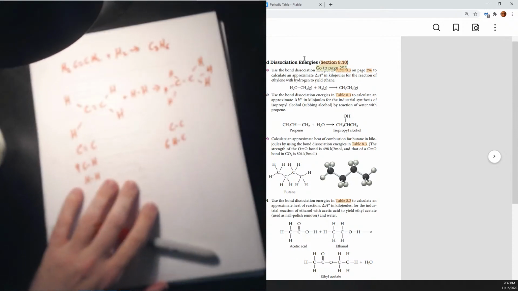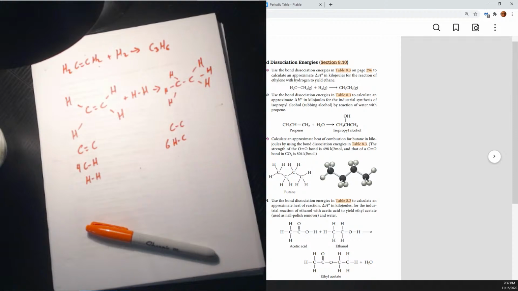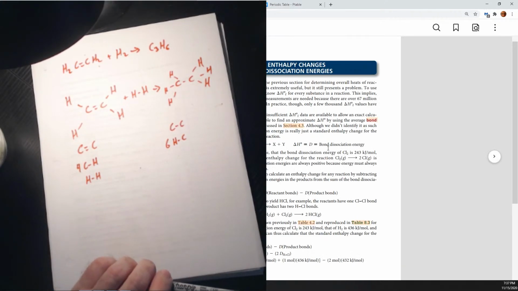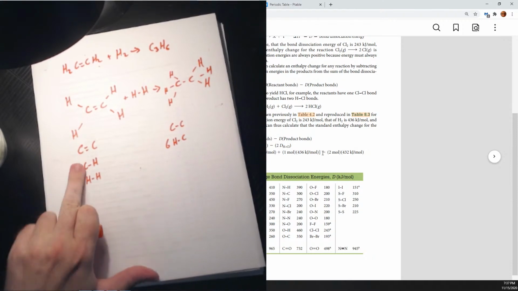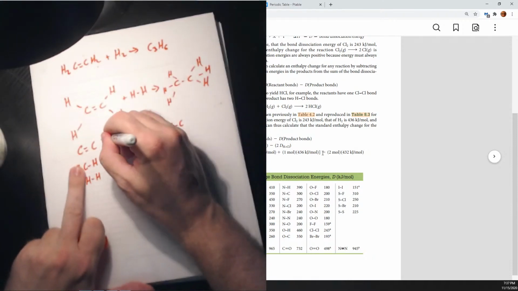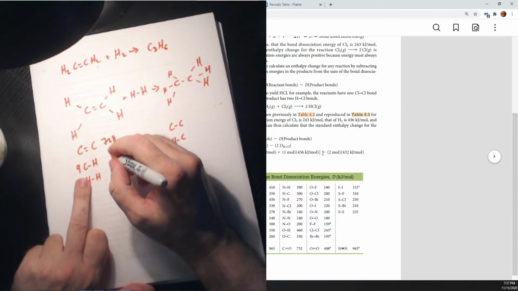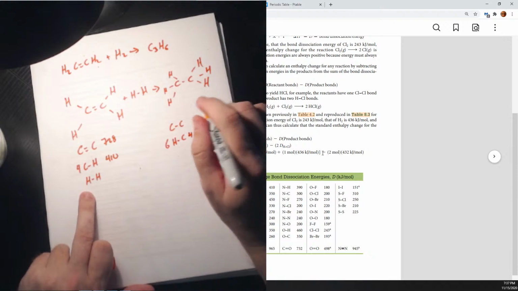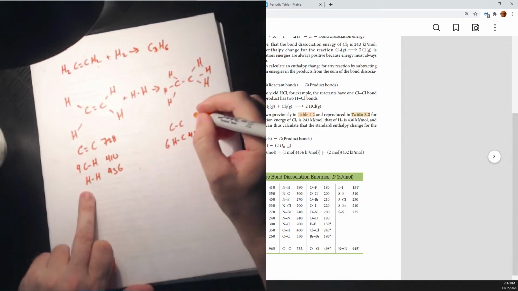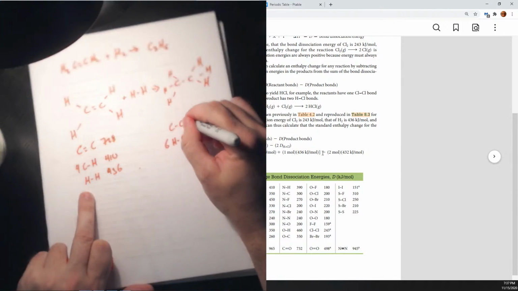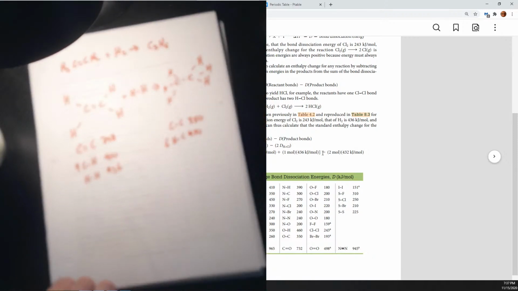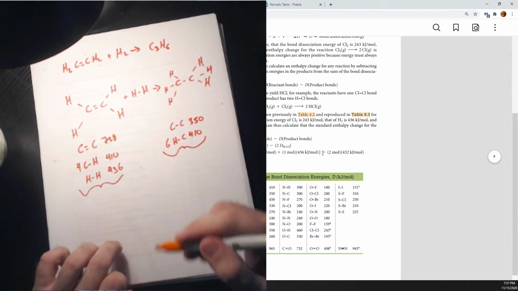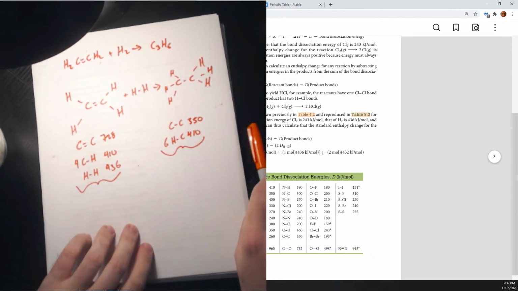So now we bop on back to page 296. Carbon-carbon double bond, 728. Carbon-hydrogen single bond, 410. Hydrogen-hydrogen single bond, 436. Carbon-carbon single bond, 350. So we add up all of our reactants, we add up all of our products, then it's reactants minus products.